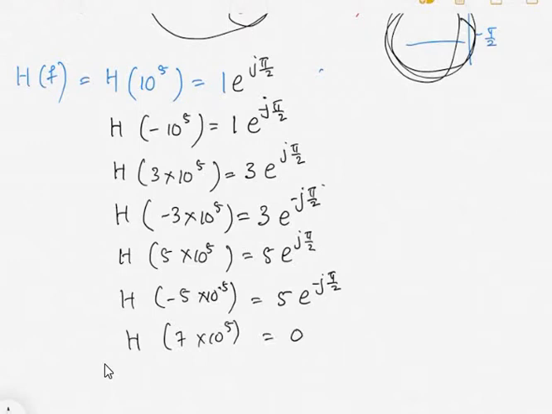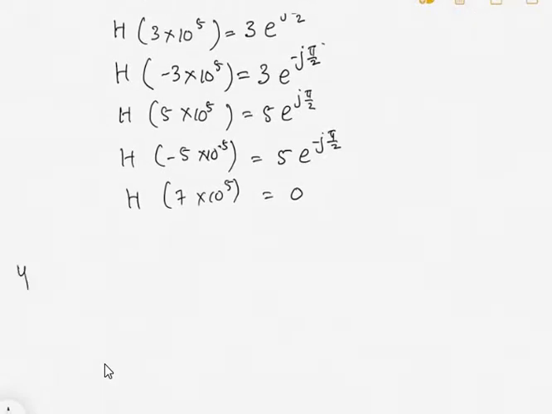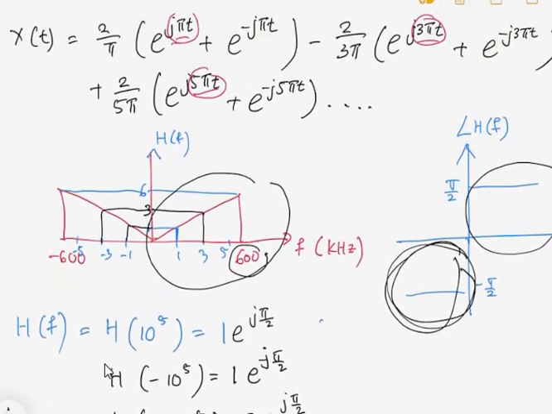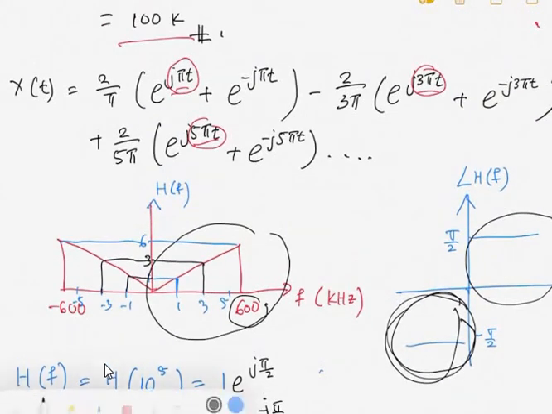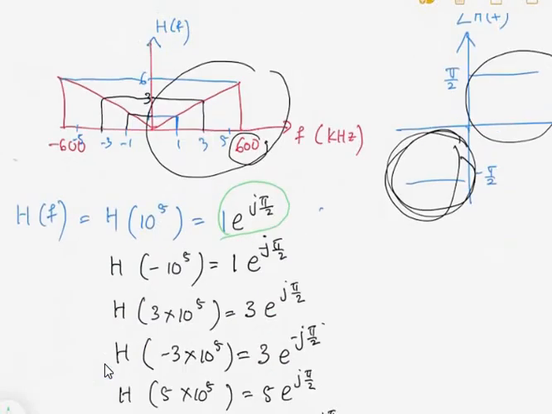Okay, so now you have the hash f, you have the xt. So your yt is equivalent to, you combine these two. I write in the green color. So you have 2 over pi, and then you have this one, exponent j pi over 2 with the exponent j pi t.